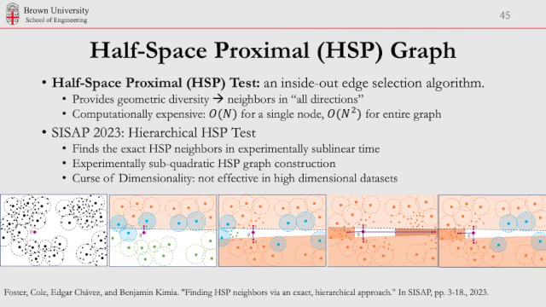We didn't get theoretical guarantees on that, unfortunately. But the issue with this approach is that it suffered from the curse of dimensionality, so it doesn't really work on the data sets that we're interested in for modern applications.